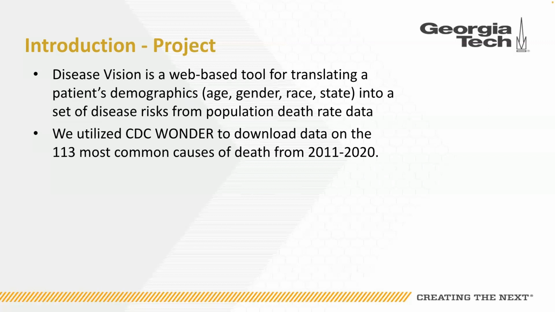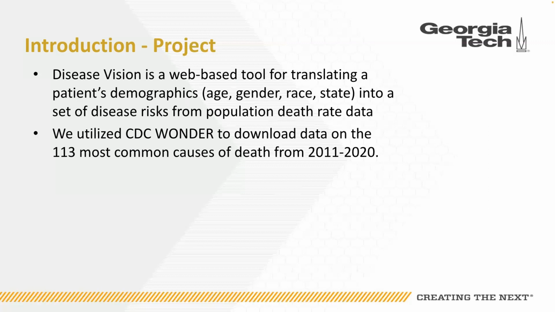So what we did was we developed Disease Vision, and it's a web-based tool for translating the demographics of an individual patient, which we determine from age, gender, race, and the location or the state in this case, into the disease risks from the data set that we were dealing with, which was handling population death rates for the 113 most common causes of death over a 10-year range from 2011 to 2020.